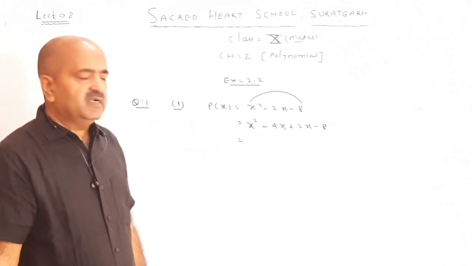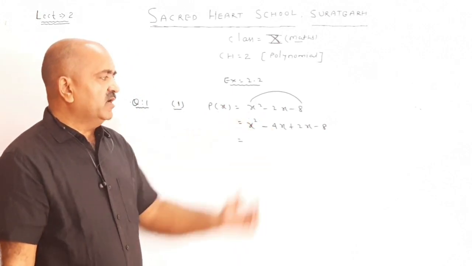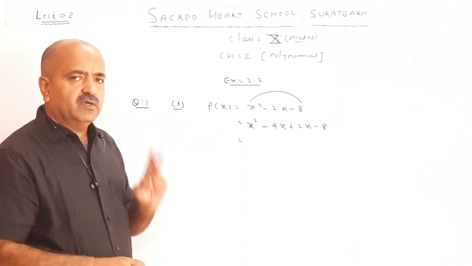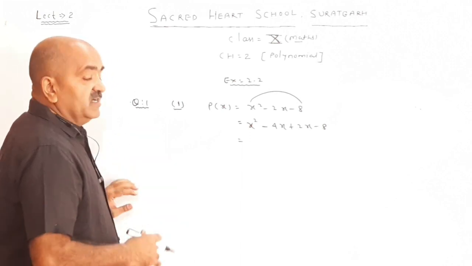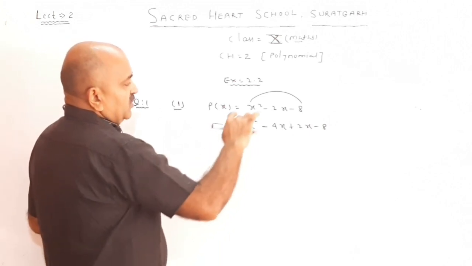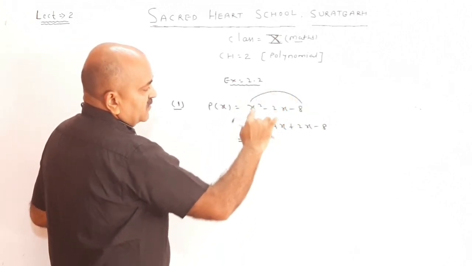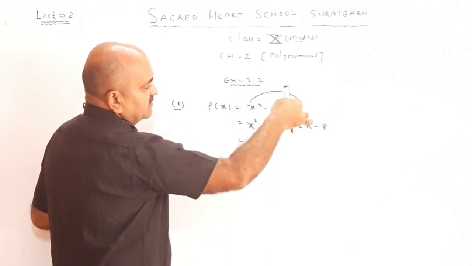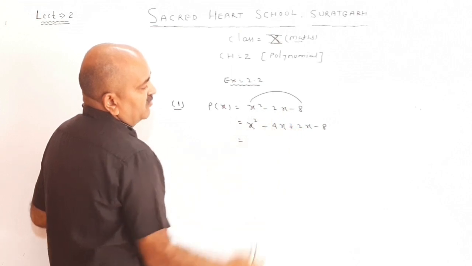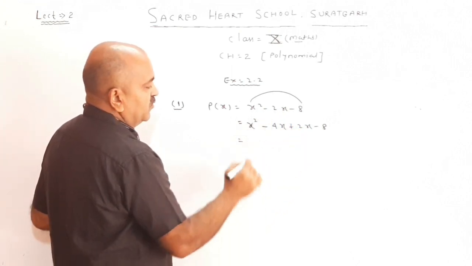We use middle term split because this polynomial is a quadratic polynomial. So how many zeros does this polynomial have? There are 2 zeros. It means we find 2 values of x here. So students, we use middle term split, multiply first and last, then we obtain minus 8x square, and if we subtract the numbers, then we obtain 2x. So suitable factors 4 and 2.